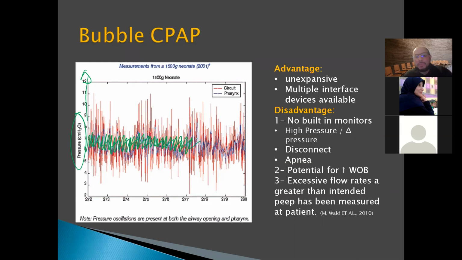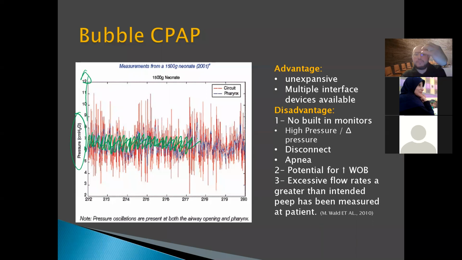The advantage of the bubble CPAP is that it is very cheap, inexpensive, and should be in every hospital. A disadvantage of the bubble CPAP is that there is no built-in monitor. The only way to know that it works is by looking at the bubbles. It's not going to alarm if the baby loses the interface.